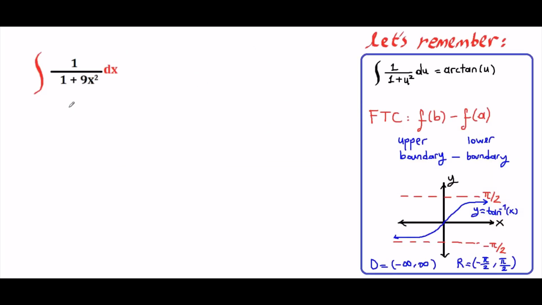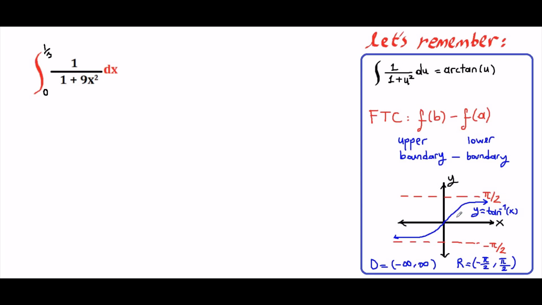Let's check out the integral of 1 over 1 plus 9x squared from 0 to 1/3. For this integration, we need to remember arctangent. We know that the integral of 1 over 1 plus u squared is arctangent of u, or the derivative of arctangent of u is the integrand 1 over 1 plus u squared.